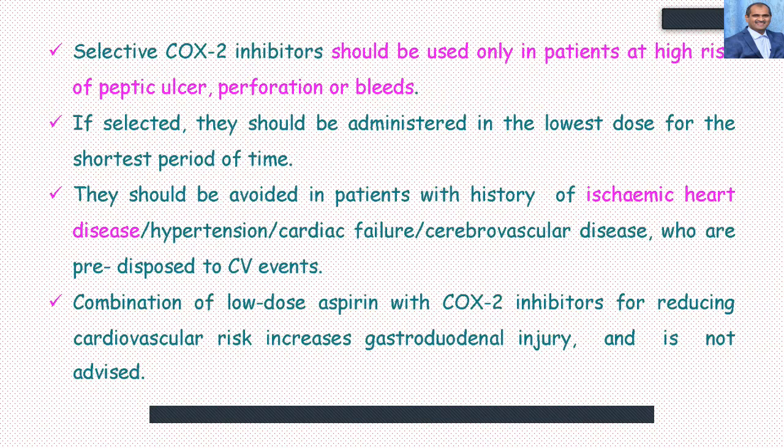And they should be avoided in patients with a history of ischemic heart disease, hypertension, cardiac failure, cerebrovascular disease, who are predisposed to cardiovascular events. In patients with any type of cardiac disorder, COX-2 inhibitors like celecoxib, etoricoxib, etc. should not be used, even though they are very good anti-inflammatory analgesic agents.